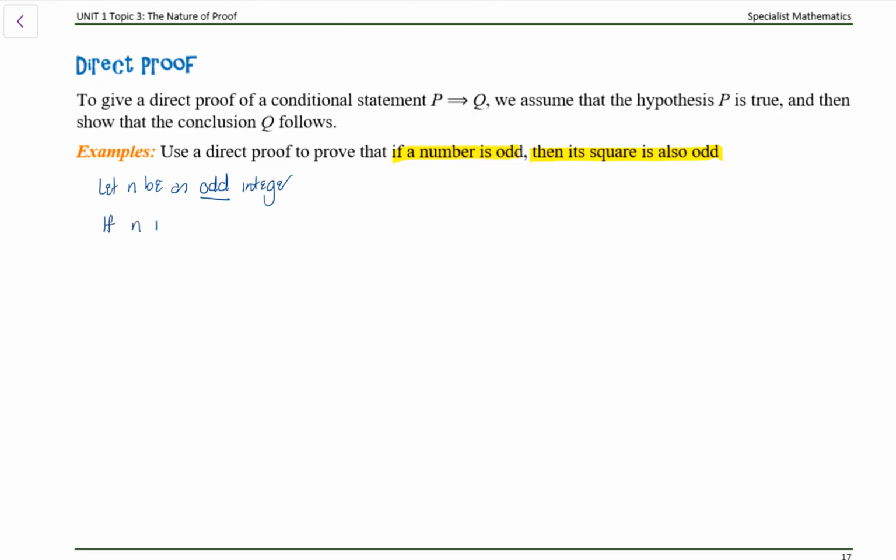If n is odd, we can express it as 2k plus 1, where k is an integer.